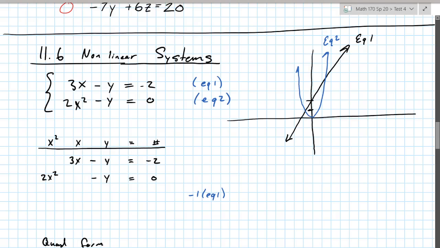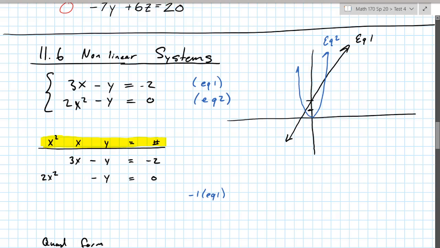The way I like to organize my work is to list all of the different types of terms that we have across the top here, and then to rewrite my equations so that the terms line up underneath the terms of interest.